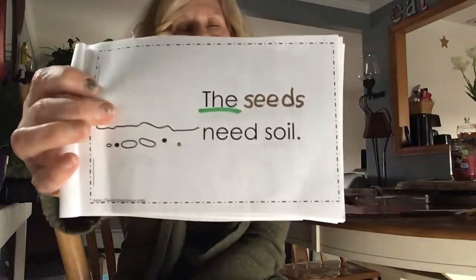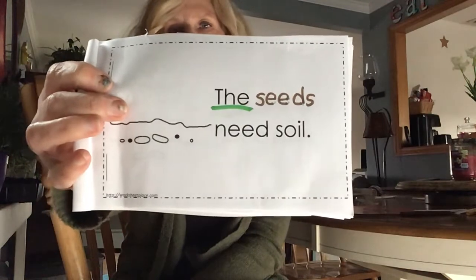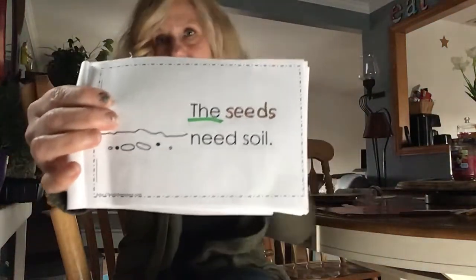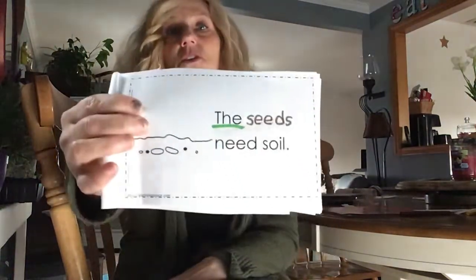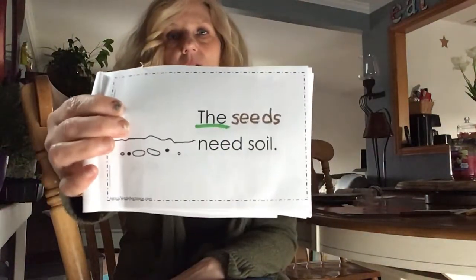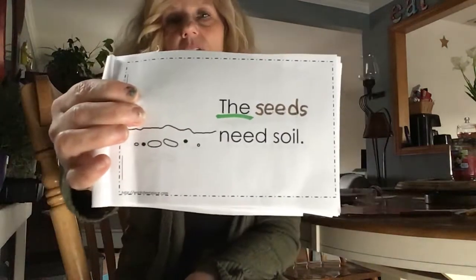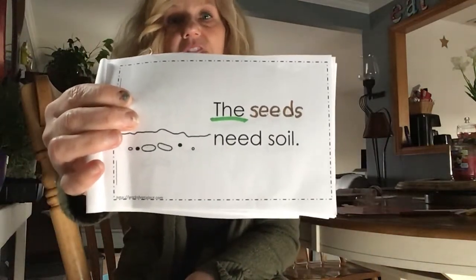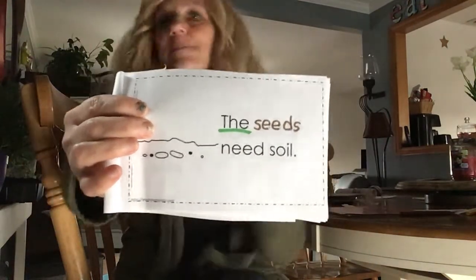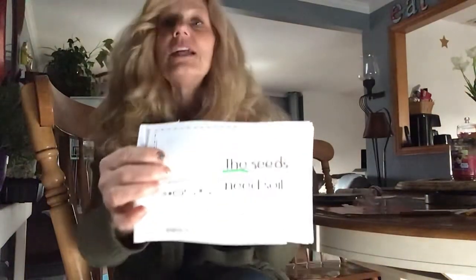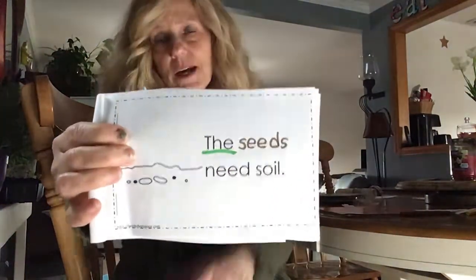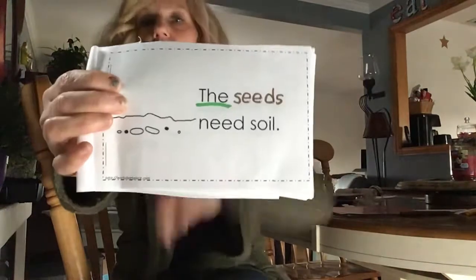We cannot sound that word out like we sound out the CVC words like k, a, t, cat. Because TH together, we're going to learn later on, makes a th sound. If we tried to sound this out, it would be either the or t. It's not a word we can sound out. It's called a sight word. We need to memorize it. So we need to look at this word and memorize it.